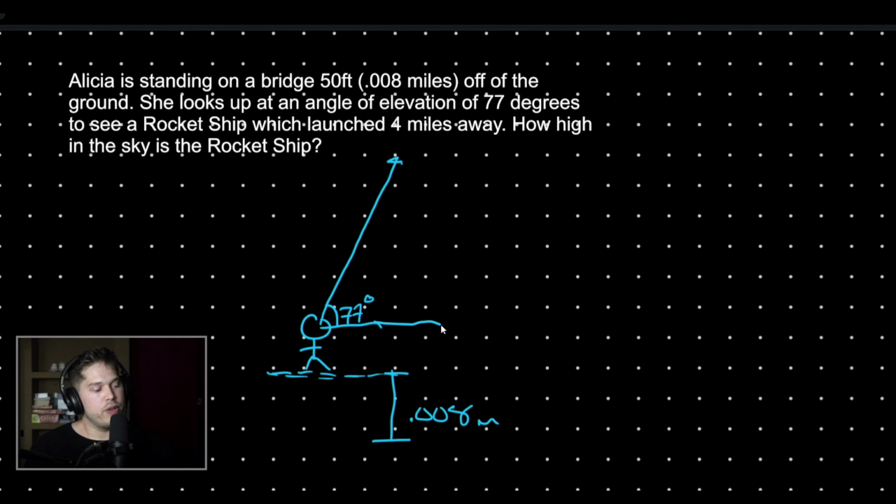And what else are we told? We are told that 4 miles away, so we'll call this distance 4 miles, there was a rocket ship that was launched. And it's going up, up, up. And we want to know how high the rocket ship is now. You know, now it'll be up here somewhere.